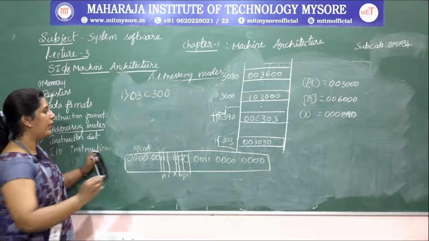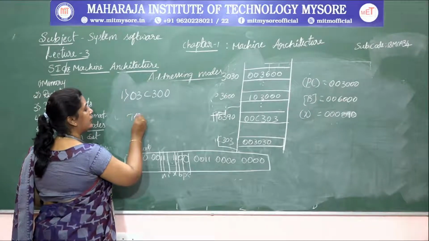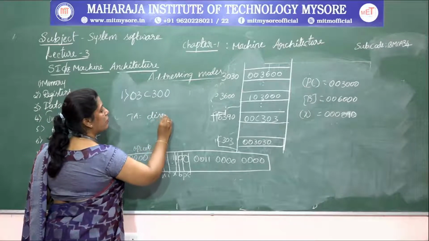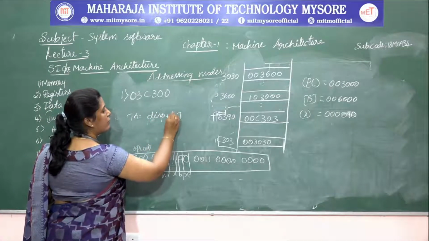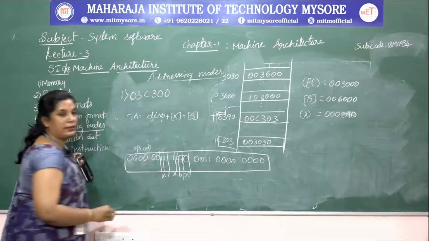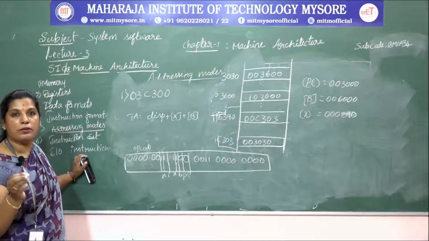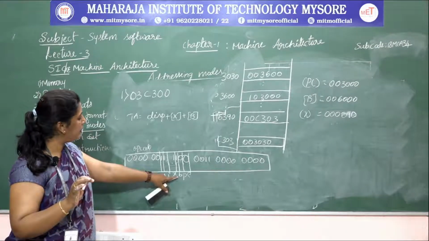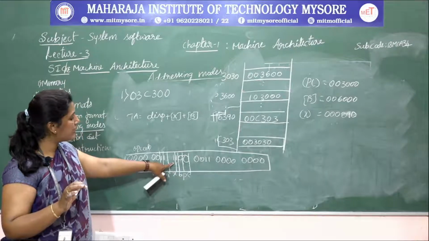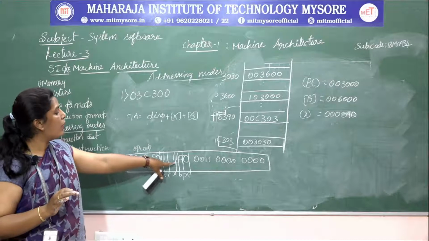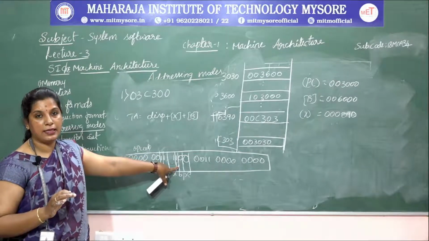So to get the target address, we have to consider the displacement value plus the index register value plus the content of the base register. All the values must be considered. The corresponding B bit is 1 and the X bit is 1 here, so it is direct addressing mode along with index and base relative.